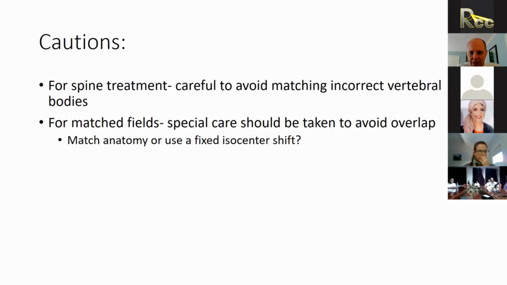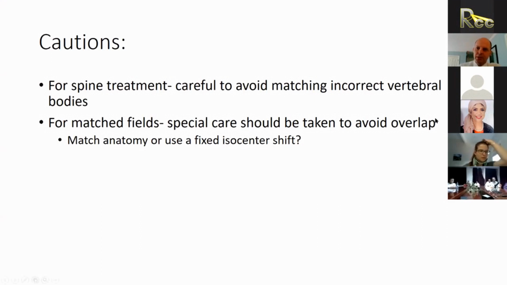The thing to be careful about is if you image one, shift and align that one, and treat the first field, and then you go to the second one and shift the patient based on imaging on the second matched field, now you have the potential for some overlap or a gap between those fields because they're matched.